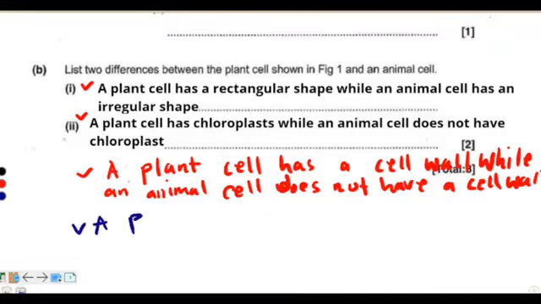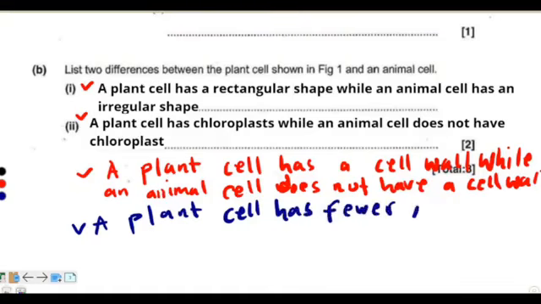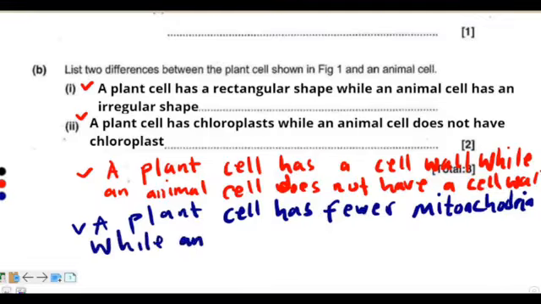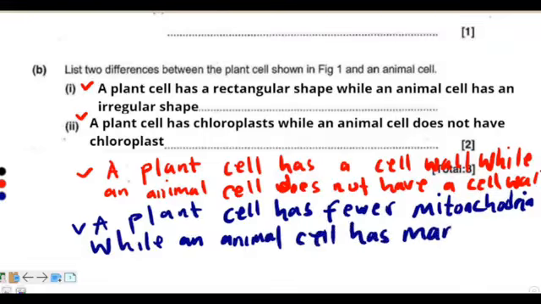We can also say that a plant cell has fewer mitochondria, while an animal cell has many mitochondria.